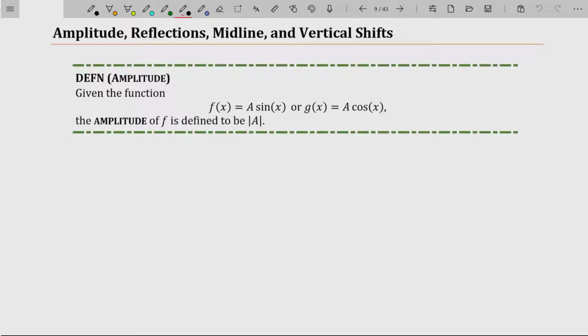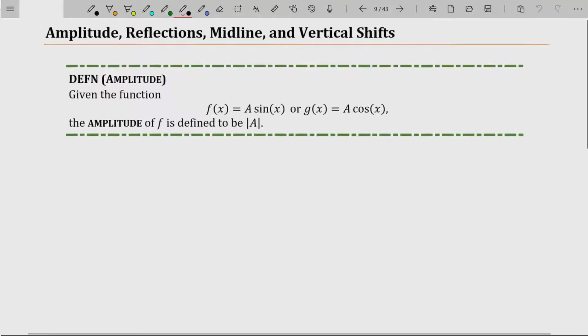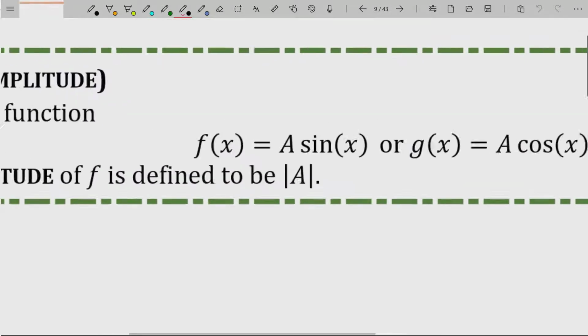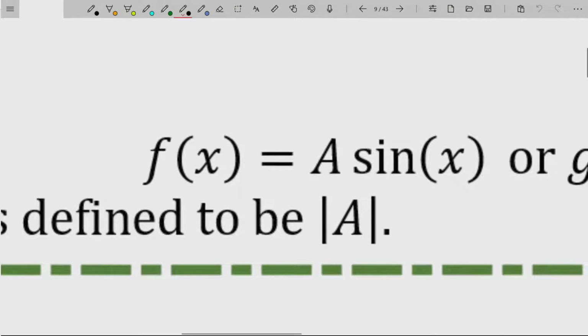So let's start with the amplitude, which is kind of the easiest of all the transformations. Given the function f of x equals a sine of x, or g of x equals a cosine of x, the amplitude is defined to be the absolute value of the coefficient a.